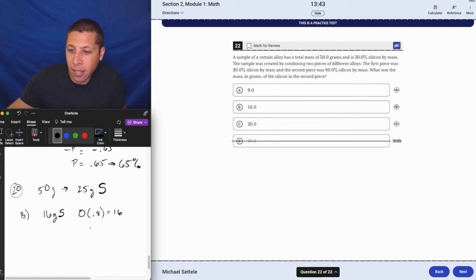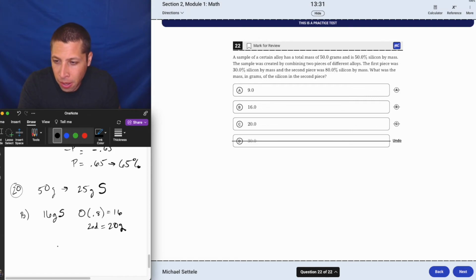So we divide, and the second piece is 16 divided by 0.8, which is 20. So the second piece is a total of 20 grams, meaning the first piece has to be a total of 30 grams in order to get to the 50, right?